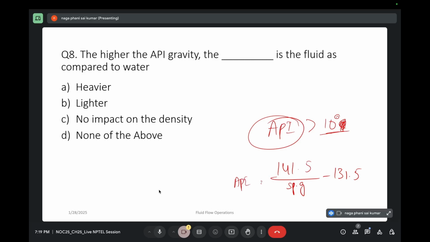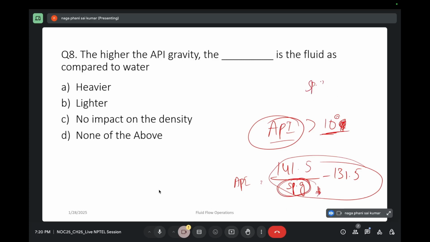So if specific gravity is equal to 1, then API will be 10. Okay. So if API is greater than 10, then what should the denominator be? It should be a lower value, right? Only then you'll have a greater difference, right? This difference should be more than 10. So that means this should be a lower value.